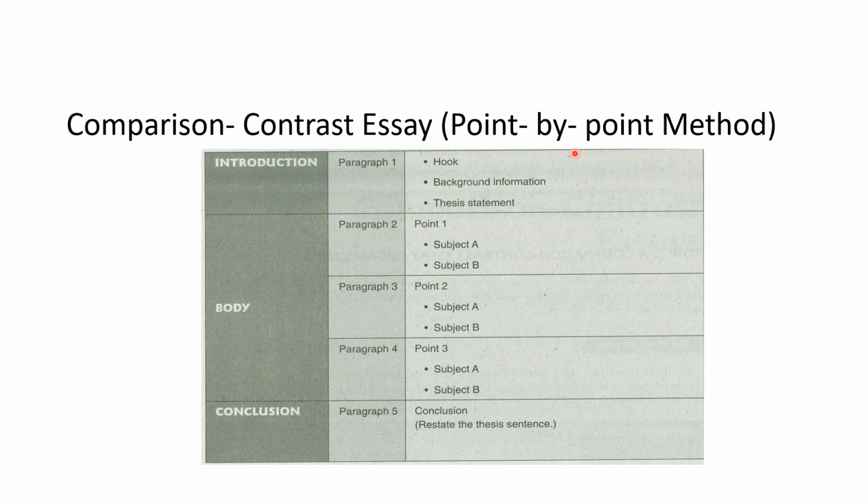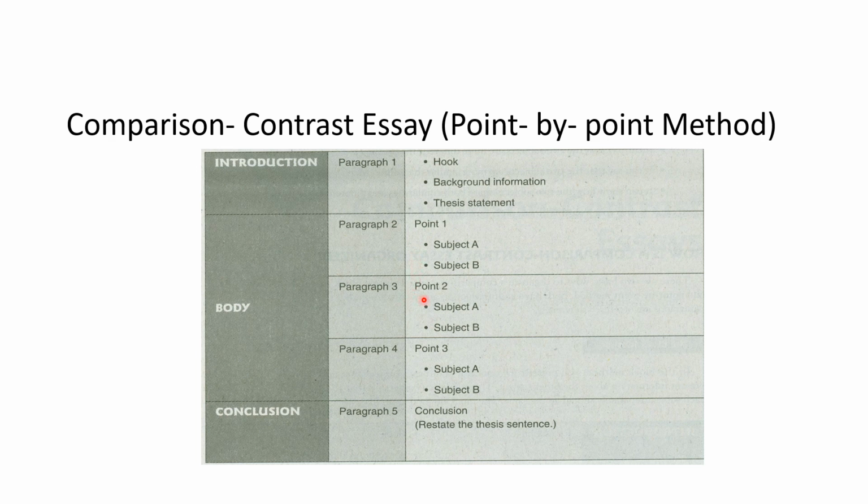Here, by using the point-by-point method, paragraph 2 will be focused on characteristic number 1. For example, physical appearance is the focus of paragraph 2. You will compare or contrast the two subjects in paragraph 2 based on this characteristic.